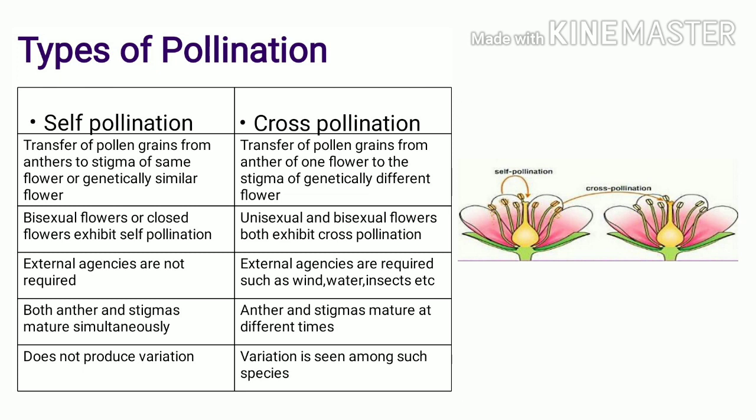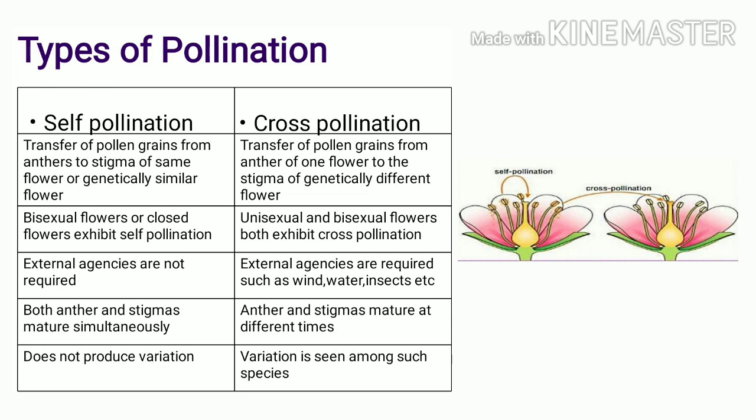In both cases, the pollen grains are transferred from the anther to the stigma, but in one it takes place within the same flower, and in cross-pollination it takes place in two different flowers of two different plants which are genetically different.